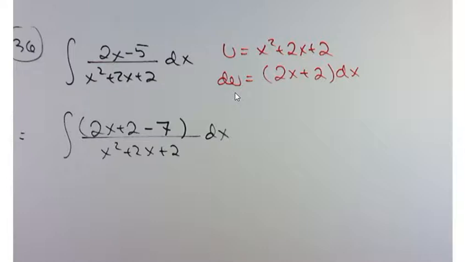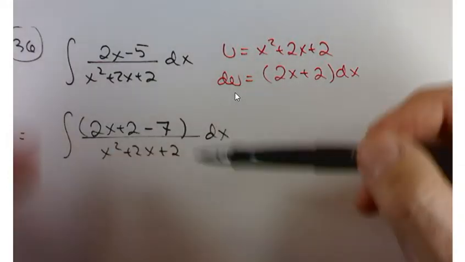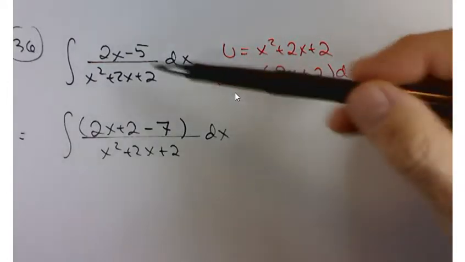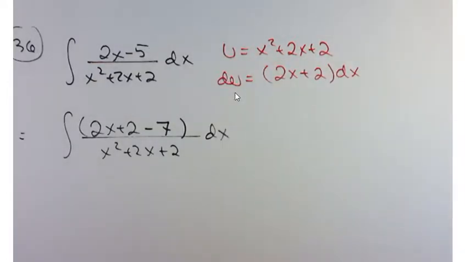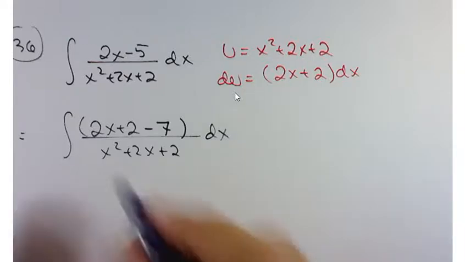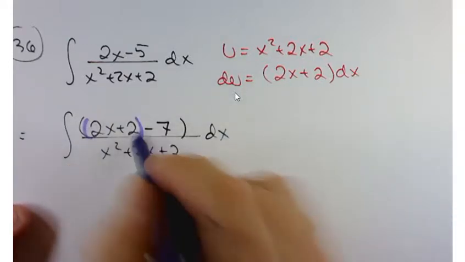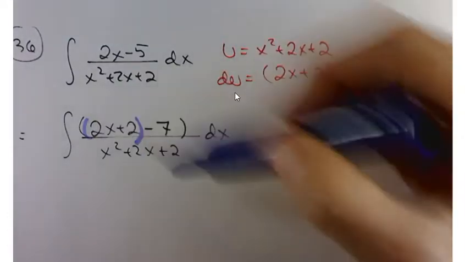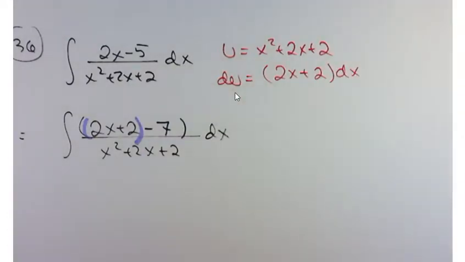All right, so these two things are essentially the same now. The only difference is I split up that negative 5. So a nice little trick, and let's try and understand why I did it. This part right here, those two together are going to lend themselves to a simple u substitution.